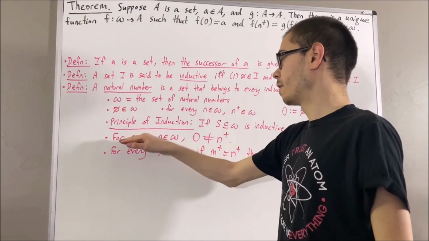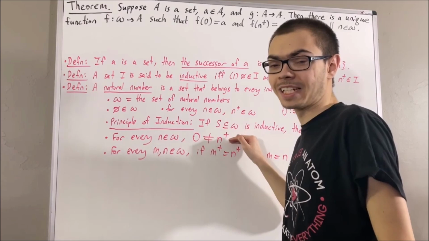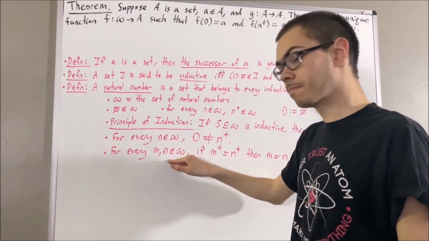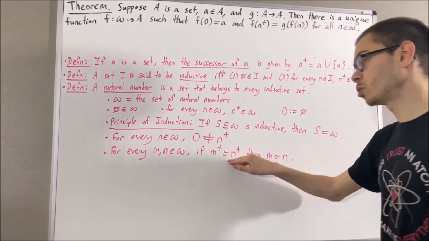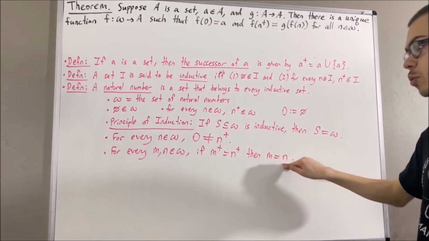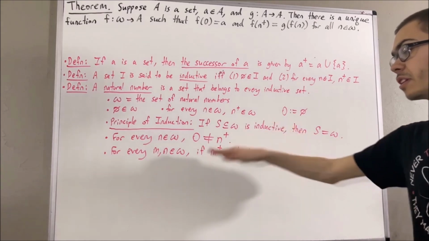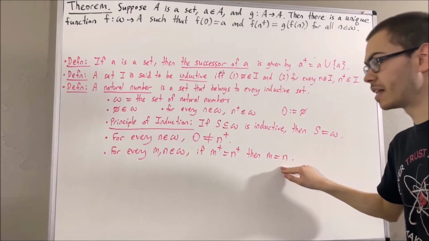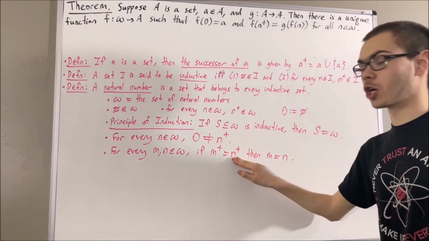We have that 0 is not the successor of any natural number, and for every two natural numbers, m and n, if the successor of m is equal to the successor of n, then m is equal to n. And the contrapositive of this is saying if m and n are distinct, then the successor of m and the successor of n are distinct.